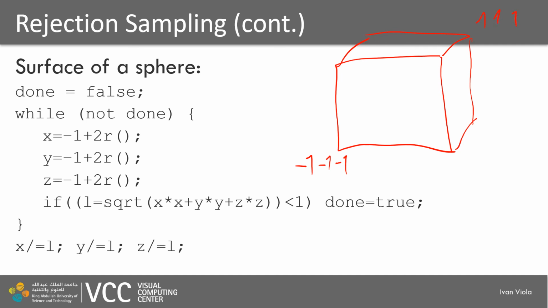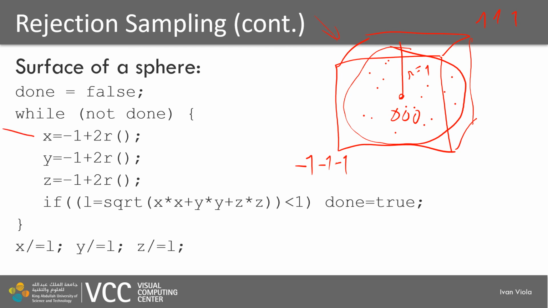And we place a sphere at the origin 0, 0, 0 with a radius r equals 1. We would like to sample uniformly this entire sphere, and we can do it also with rejection sampling. So we sample uniformly our entire cube, and if the cube sample is not within the sphere, then we simply reject it.